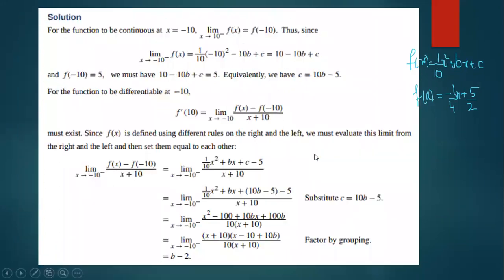So moving towards this one. Now applying the value x equals minus 10, because we have to find whether this function is continuous at minus 10 or not.